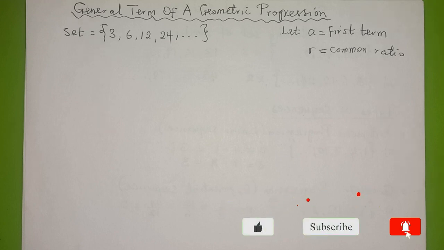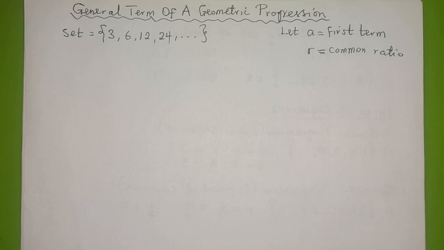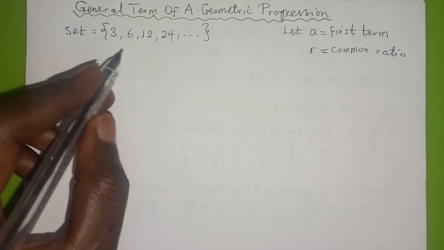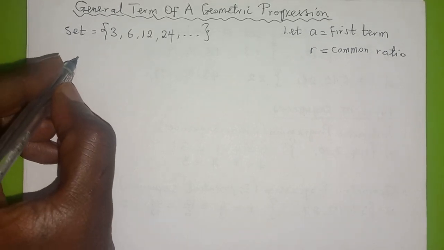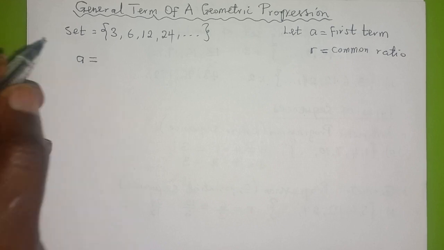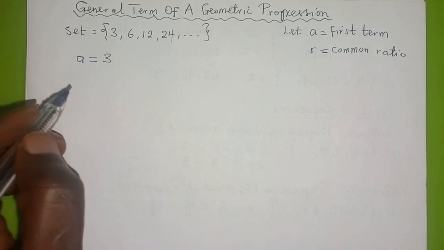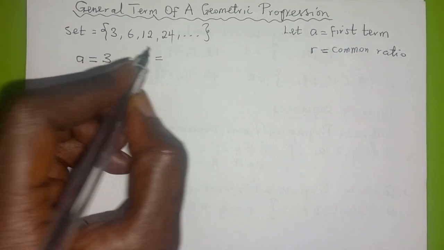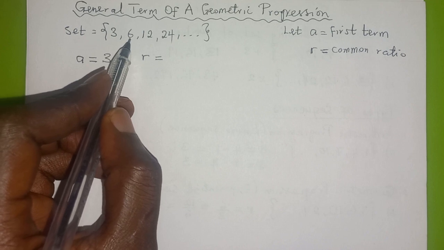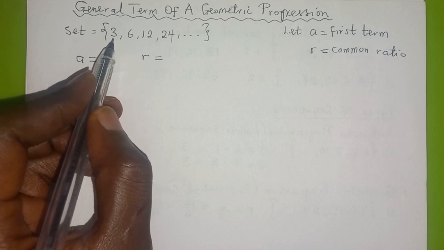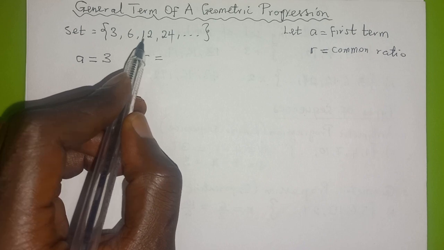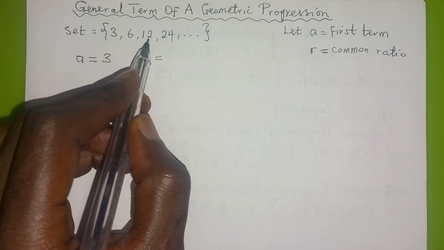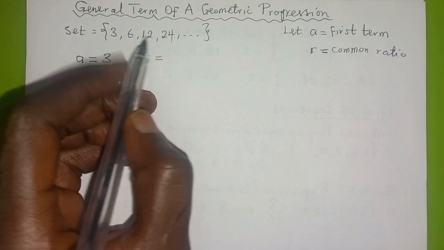All right, so the first thing that we want to do here is to write our first term down. Based on this set, our first term is equal to 3, and our common ratio is the second term divided by the first term, or the third term divided by the second term, or the fourth term divided by the third term.